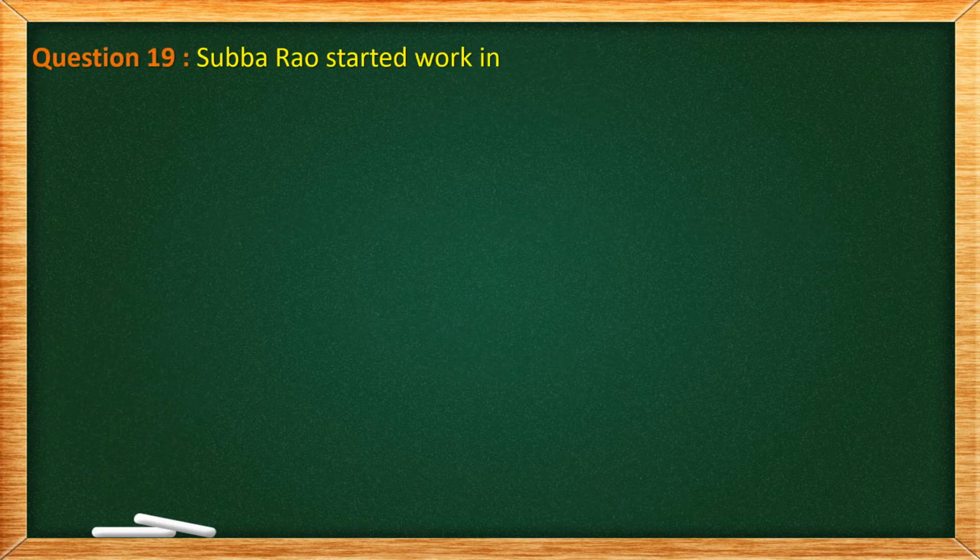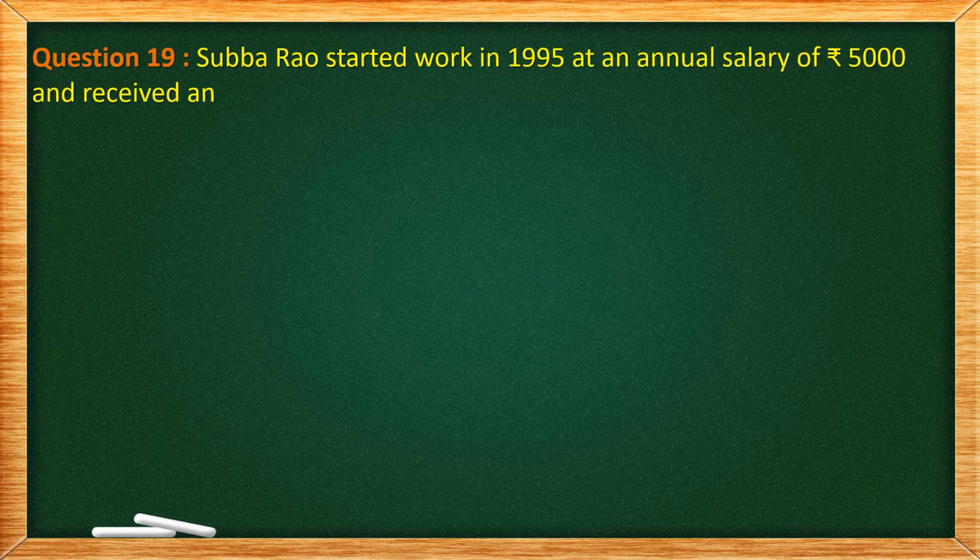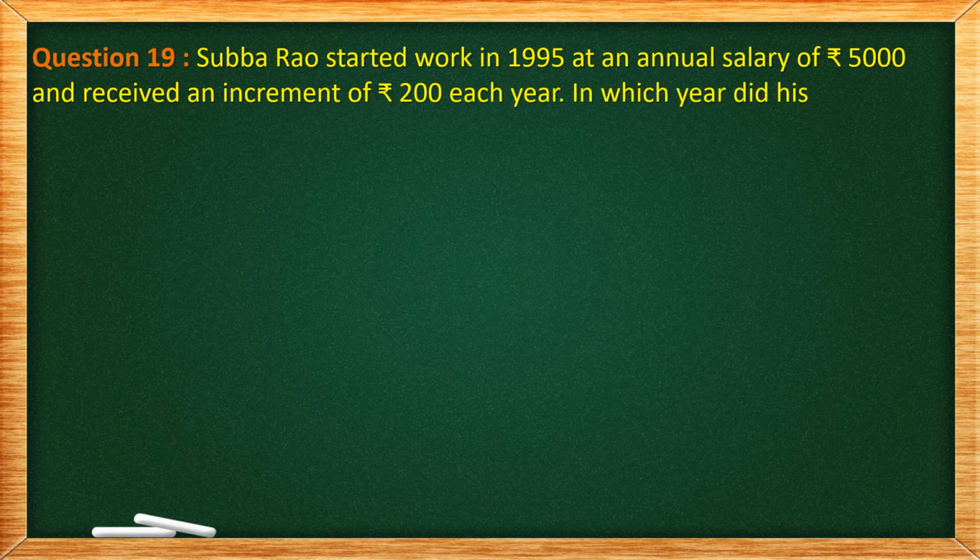Subba Rao started work in 1995 at an annual salary of rupees 5,000 and received an increment of rupees 200 each year. In which year did his income reach rupees 7,000? So we have to find out the year in which his salary becomes rupees 7,000, and let it be the nth year.